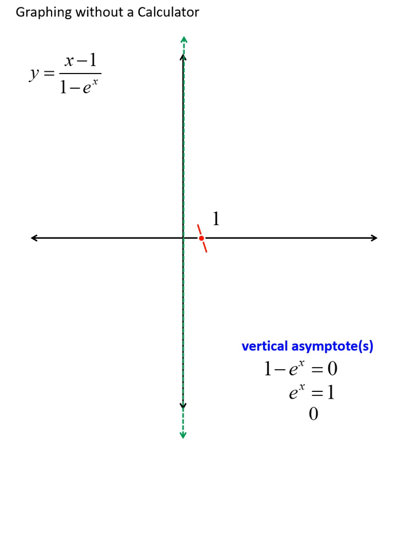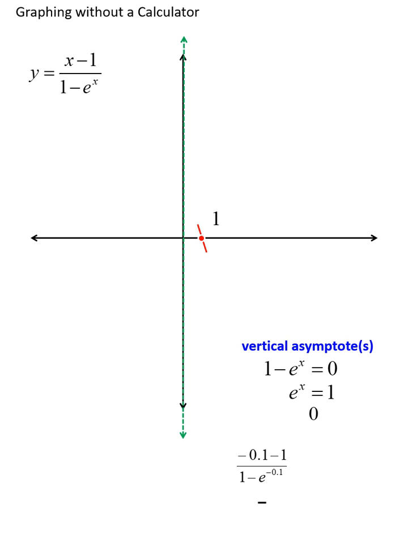So let's plug in numbers on either side of that because we want to know the behavior of the graph on either side of this asymptote. We'll start with something slightly less than 0. This turns out to be a negative quantity. Here's the logic. The numerator is negative. The denominator, let's analyze that.